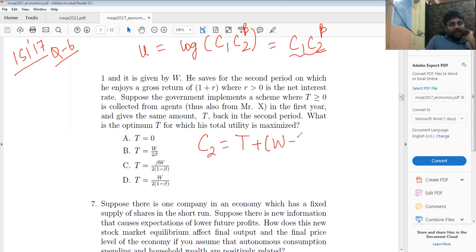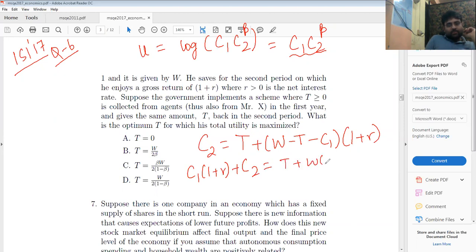My wage minus the tax minus what I consume, into 1 plus R. Correct? So I rearrange and I get C1 into 1 plus R plus C2 is equal to T plus W into 1 plus R minus T minus TR.